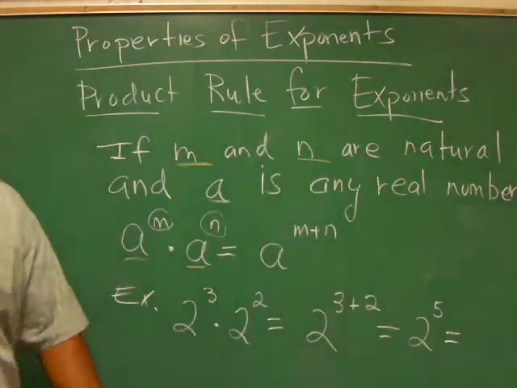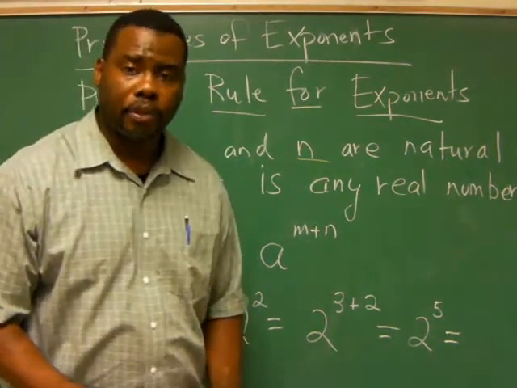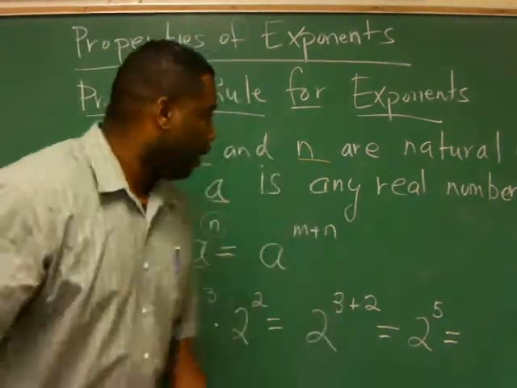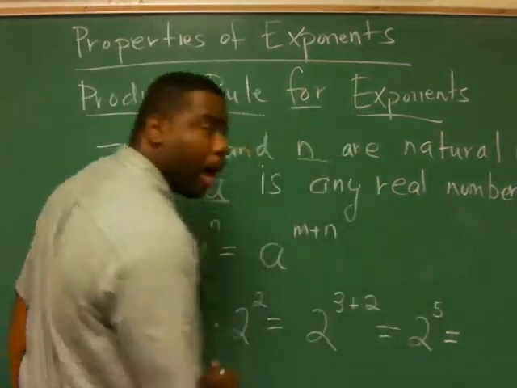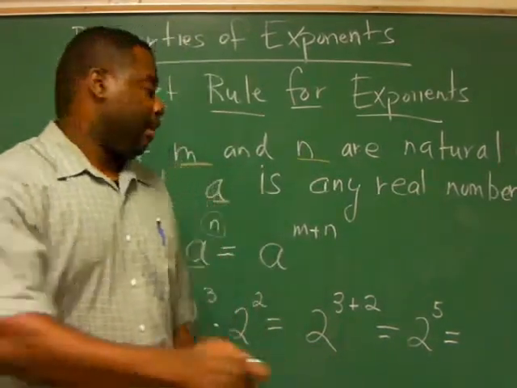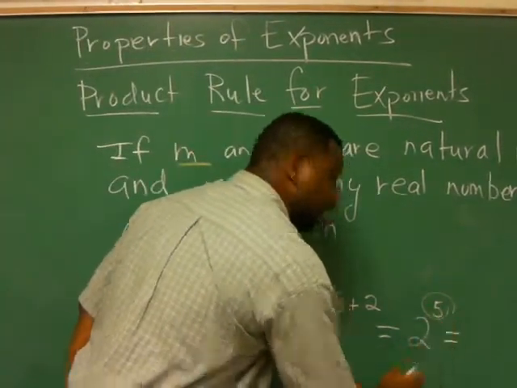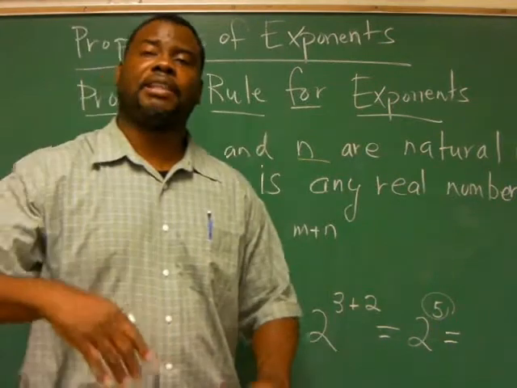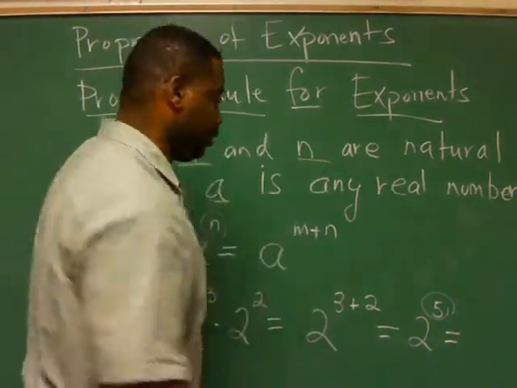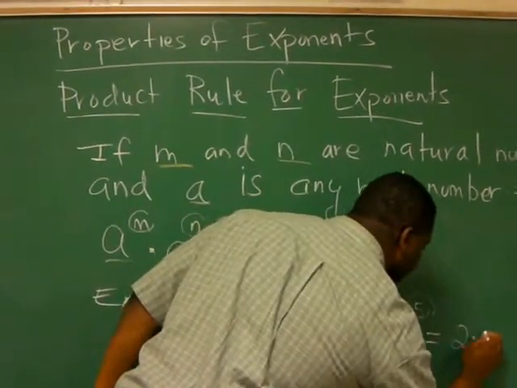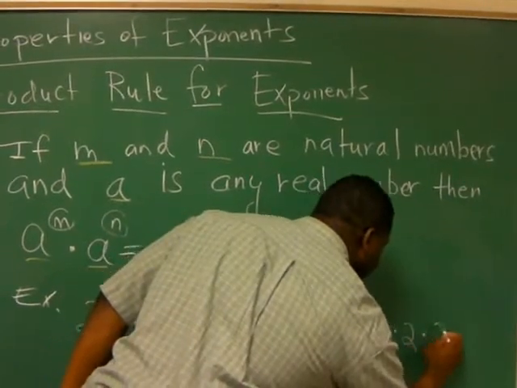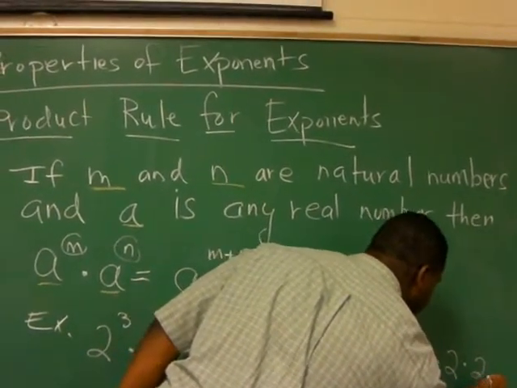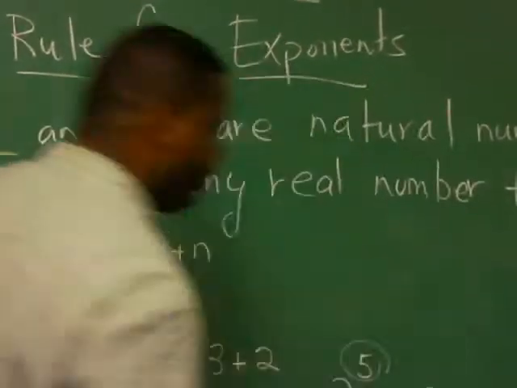And like our original problem from our last lesson, you know that 2 raised to the power of 5 says that the exponent is telling the base to multiply itself 5 times. So we're going to have 2 times 2 times 2 times 2 times 2.